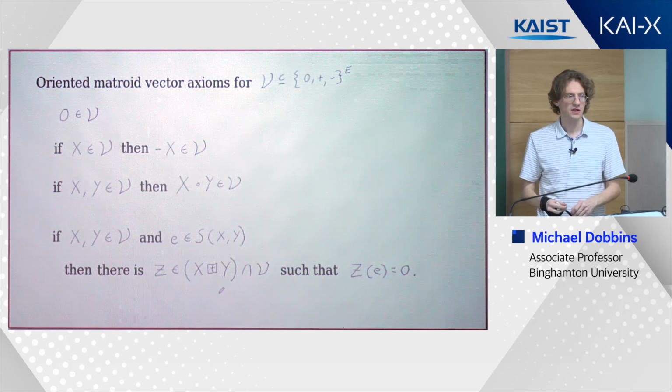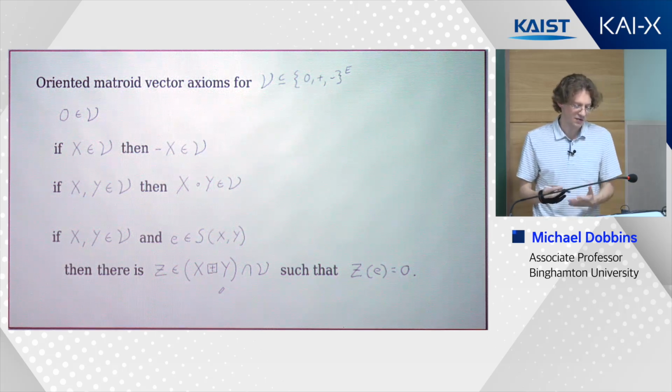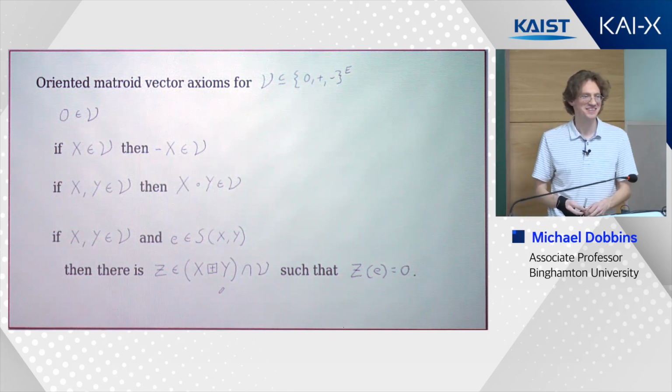So it would be easier to go to those if you were used to seeing these axioms. It also makes it easier to see what's going on. It's a convenient notation to have for oriented matroids.